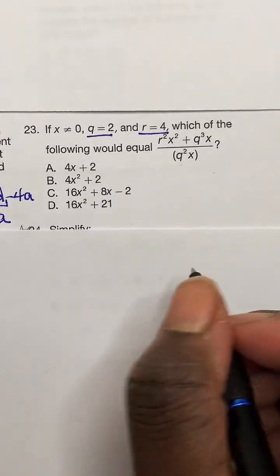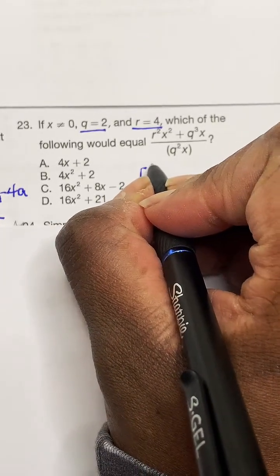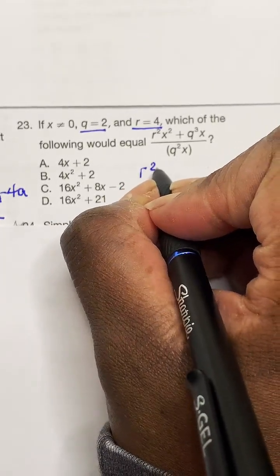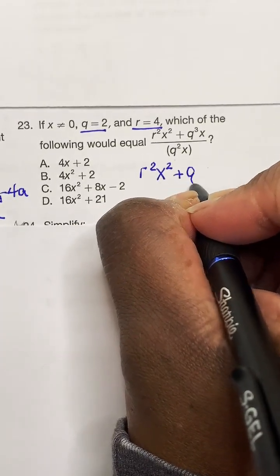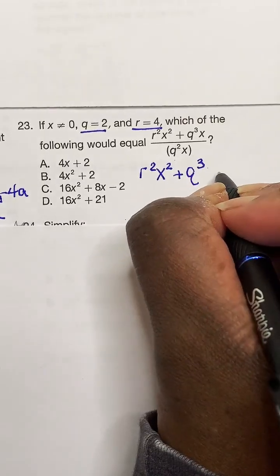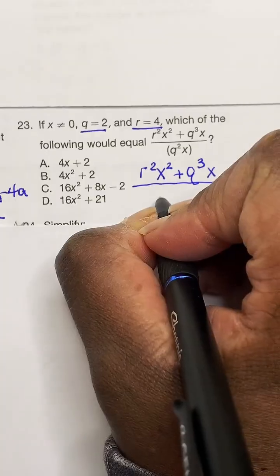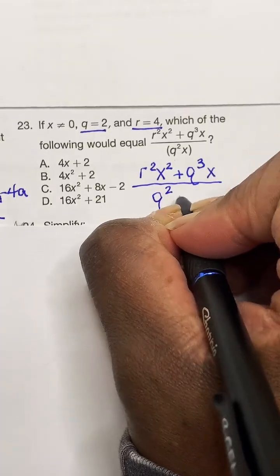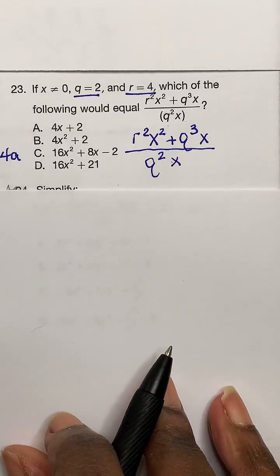So we are substituting. Our original has an R squared, we have an X squared, plus that Q, and that's being cubed. Then we have an X over our Q squared X. So they're telling us what to substitute in.